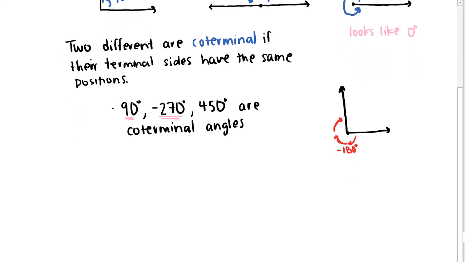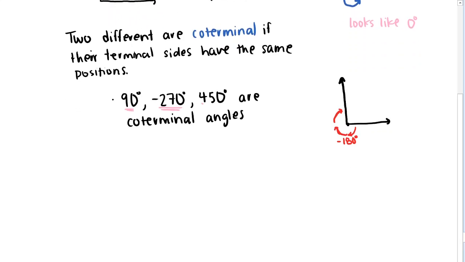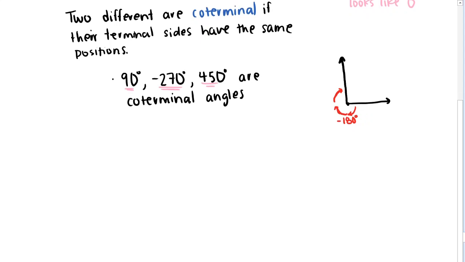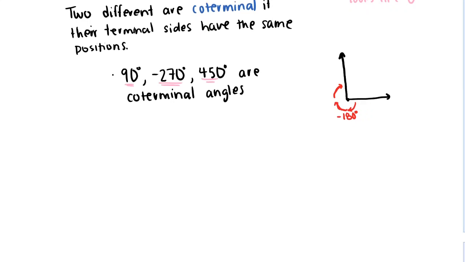And then just to really illustrate that 450 degrees is also coterminal, let's work through this example. If I have my initial side here, well, 450 is more than 360. 360 degrees is going to rotate me all the way around this circle, but then there's still 90 left. 450 is 90 more than 360, so I'm going to go another 90 degrees past that of rotation.